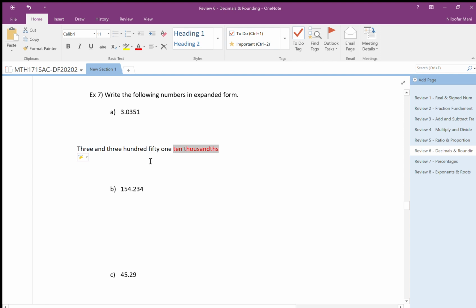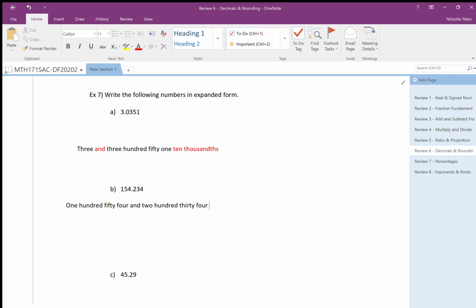How about here? 154 and 234. Now tell me what is the position of 4.